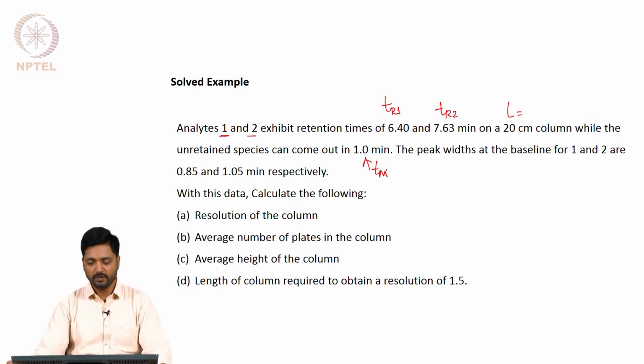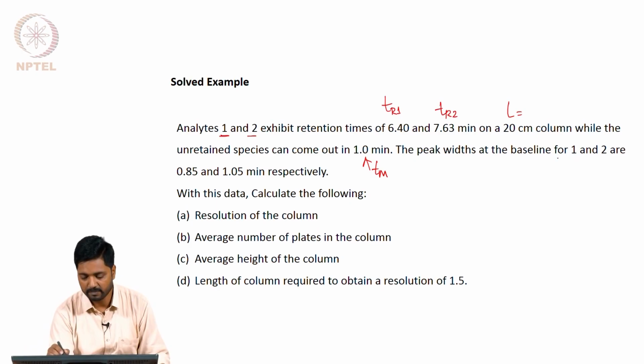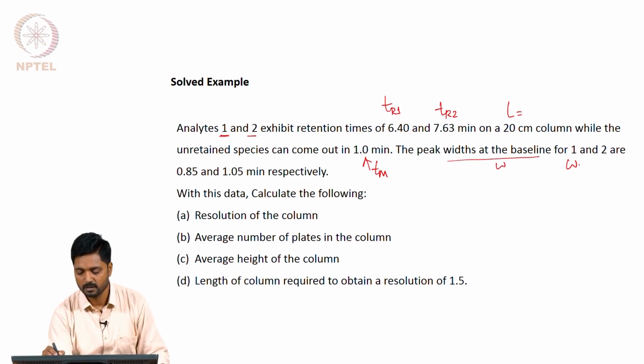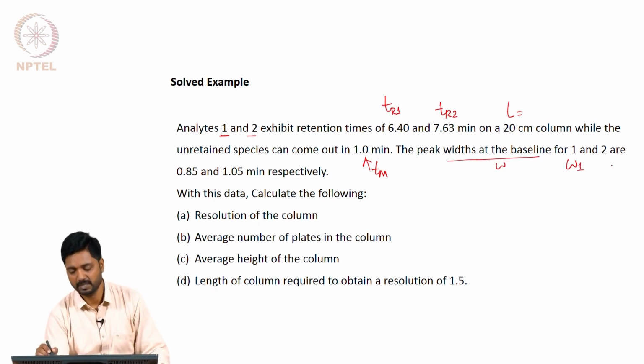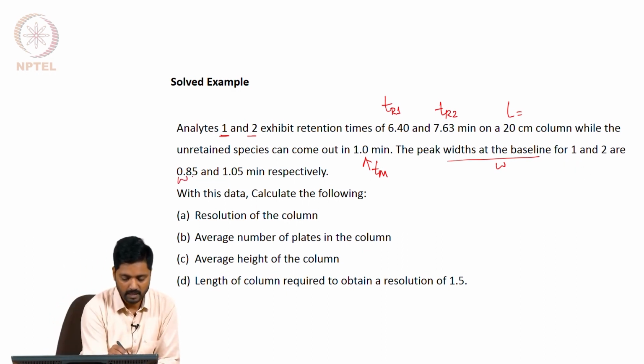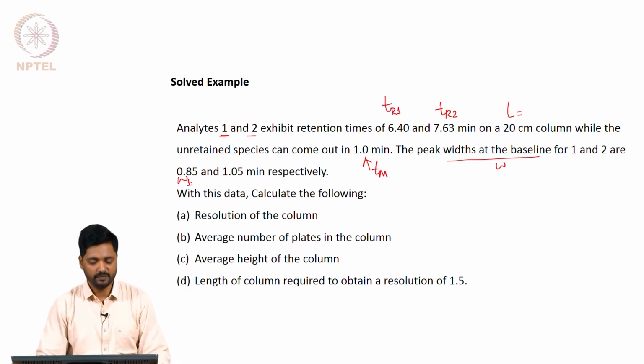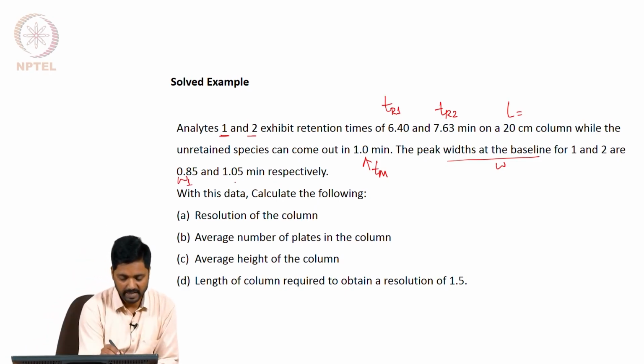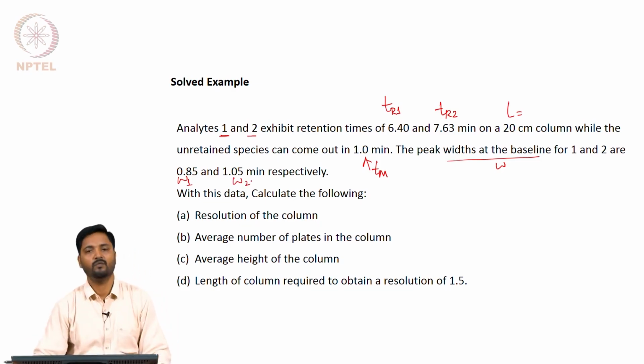We are also given the peak widths at baseline, which are our W values: for analyte 1, W1 as 0.85 minutes, and W2 as 1.05 minutes respectively. With this amount of information available, it should be possible for us to answer the queries that are given here.